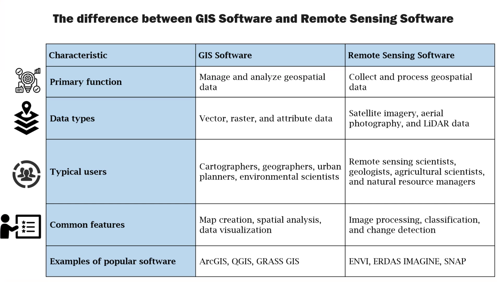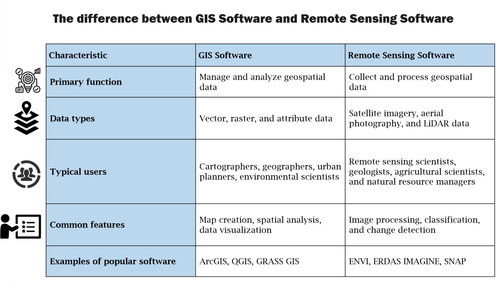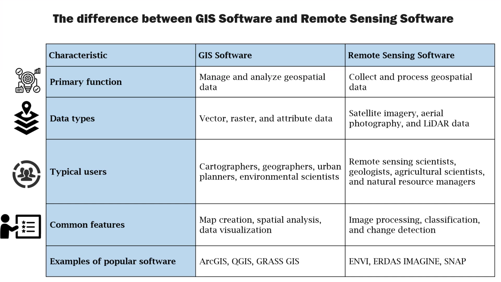And the typical users who use that database are the cartographer, geographer, urban planner, tourism planner. You people are the tourism planner, so you need to know how you will use that GIS data in your research or your business. Okay. And the remote sensing data is used by different scientists over a long time, like agricultural scientists or natural resource scientists. I will give you an example.